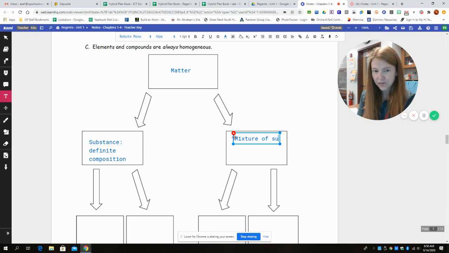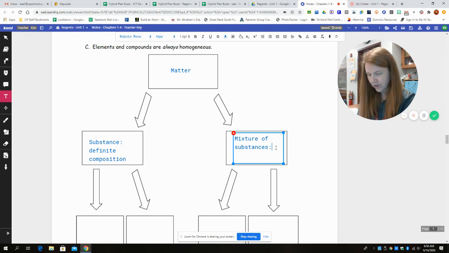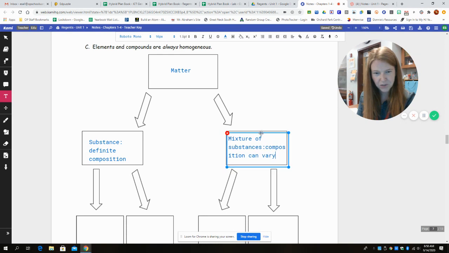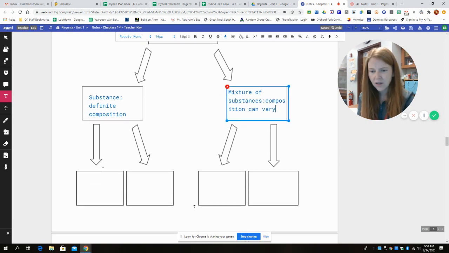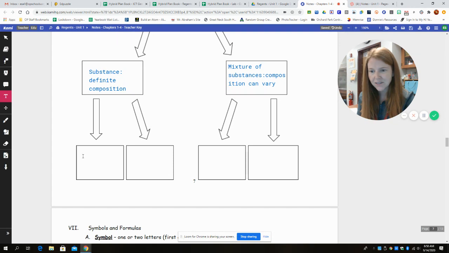I'll say mixture of substances. Formatting here, where its composition can vary. A little weird with the formatting, but you get the idea. Composition can vary. You can write that in, right? All right, going back over to my substance side.